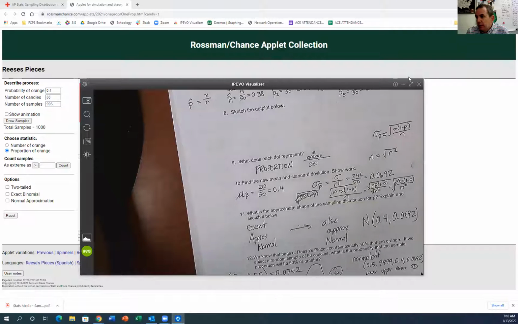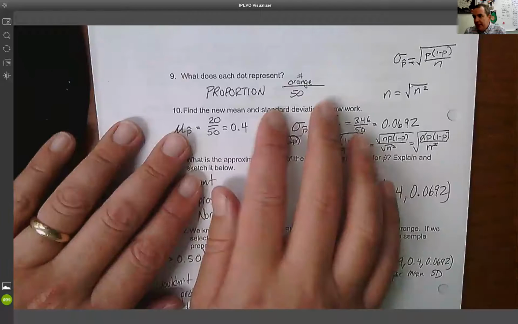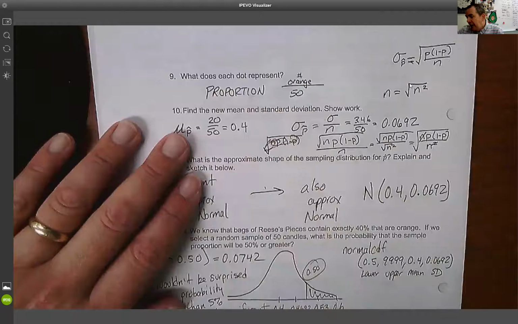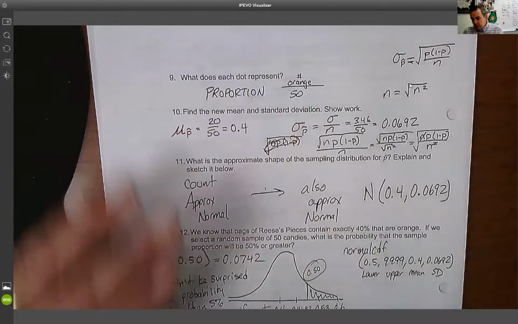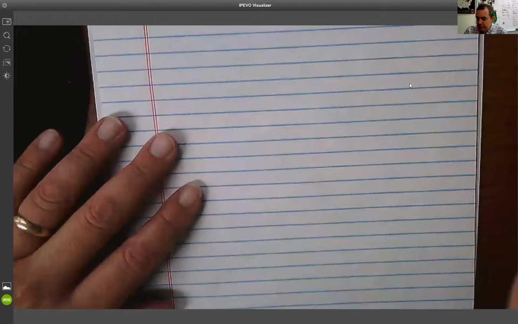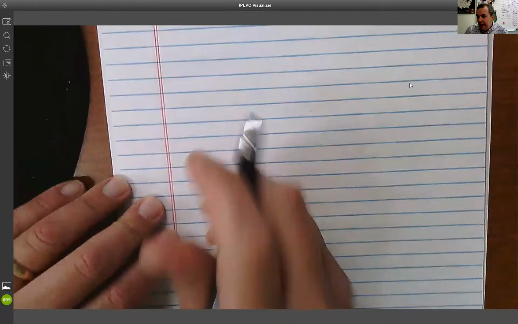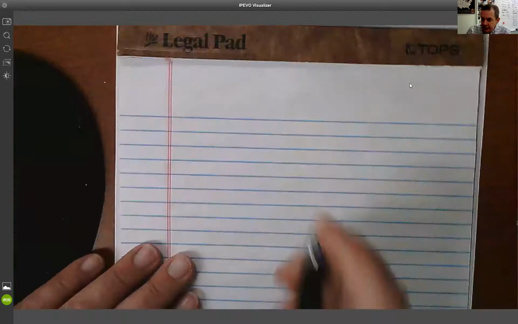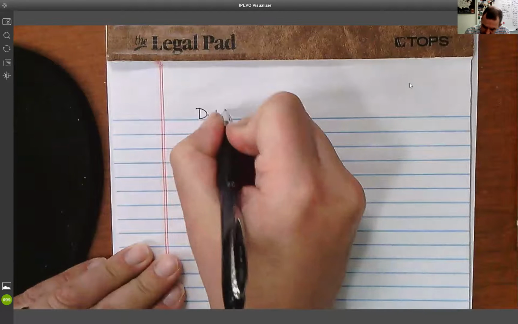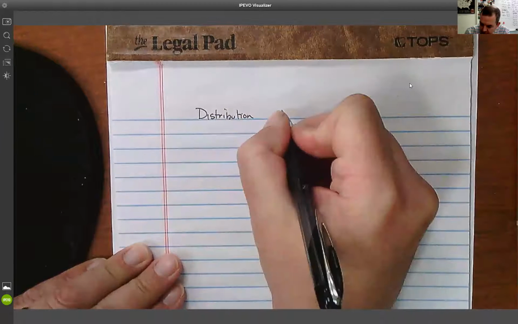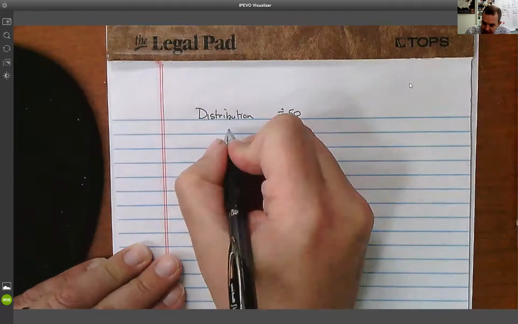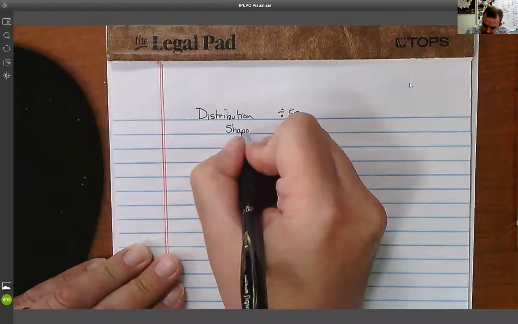Camera, zoom in. So now what's going to happen is, what does each dot represent? Each dot represents a proportion. So what happens now is I'm going to do everything divided by 50. And remember, our rules of division say that if I take a distribution and divide it by 50, the shape is unchanged.